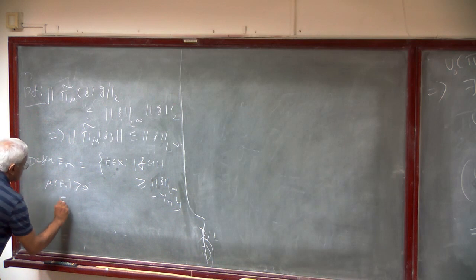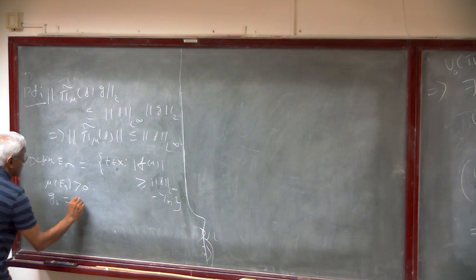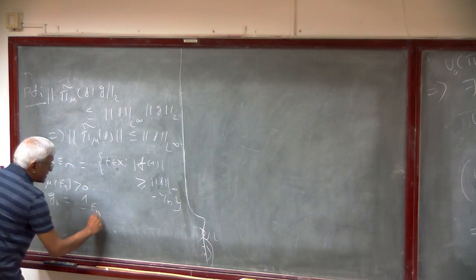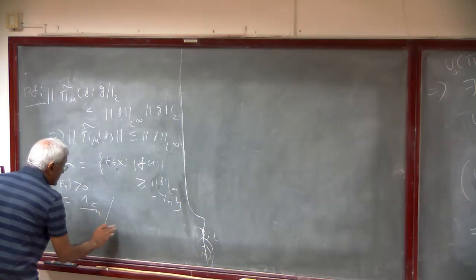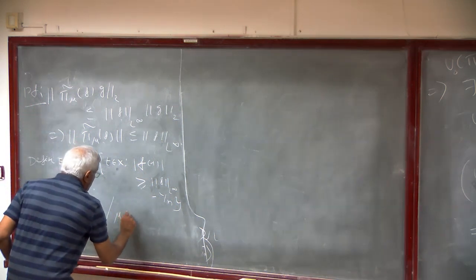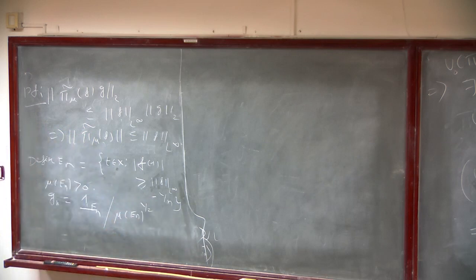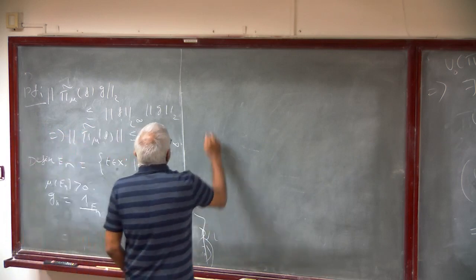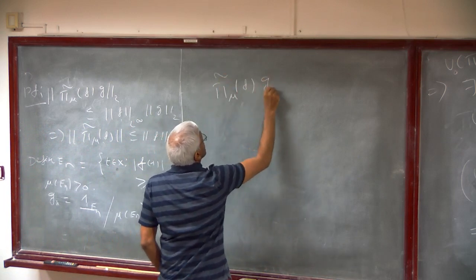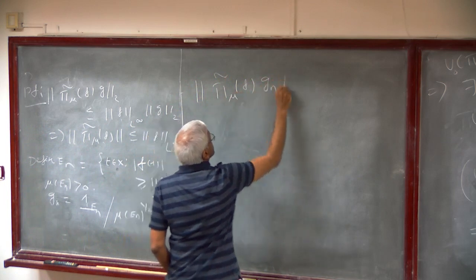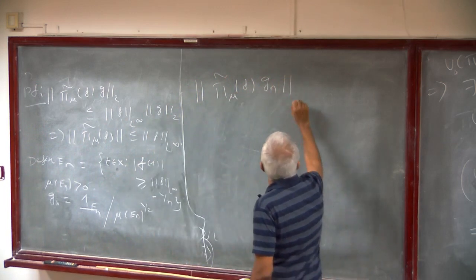So on En, I take Gn equal to the characteristic function 1 En, which takes value 1 here and 0 outside, divided by mu of En to the power half, because we are using L2. Then consider the L2 norm of pi mu tilde of F acting on Gn.